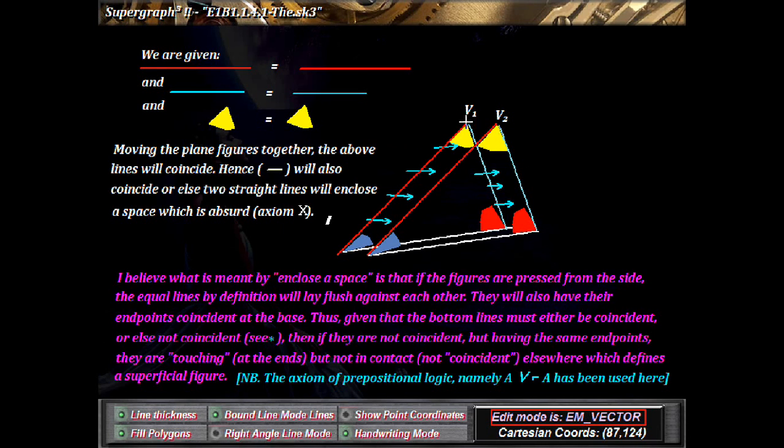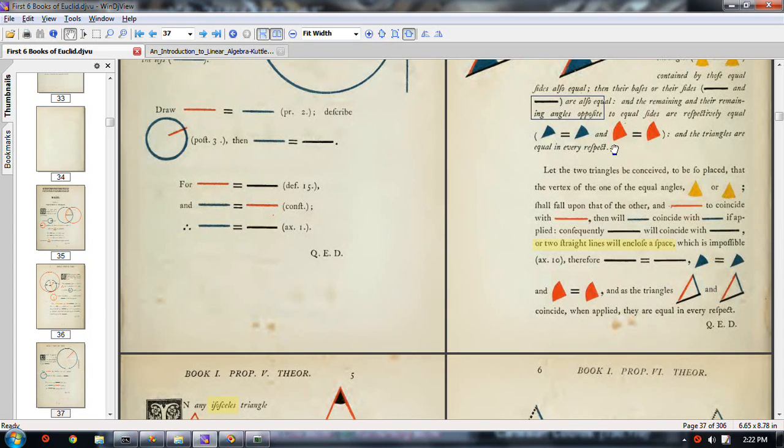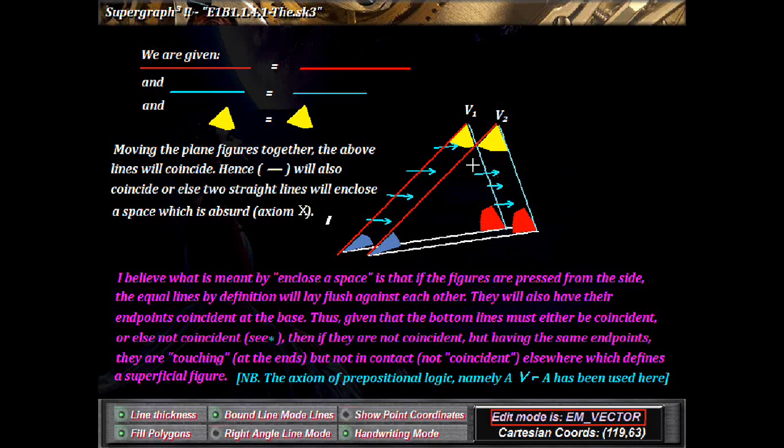So if these vertices are brought together, shall fall upon that of the other, and red to coincide with red. Let us take that as the method being employed. Then will blue coincide with blue if applied, not pressed, but applied. I think to apply means to move together, right? I'm applying this to this by pressing them together.